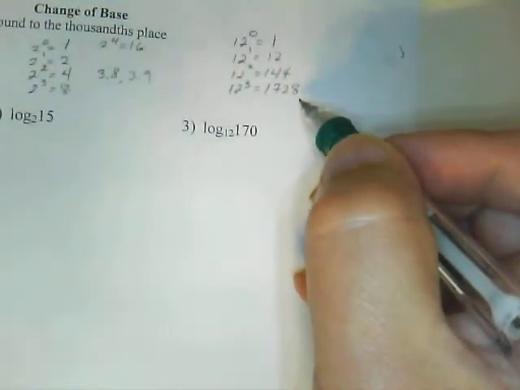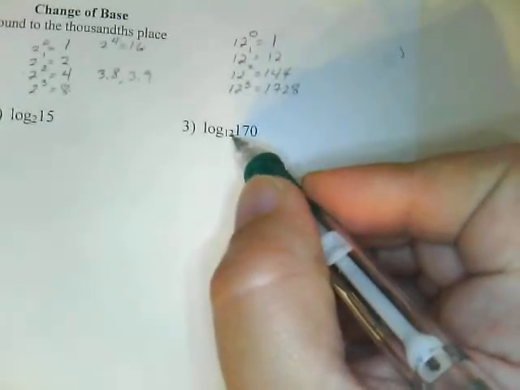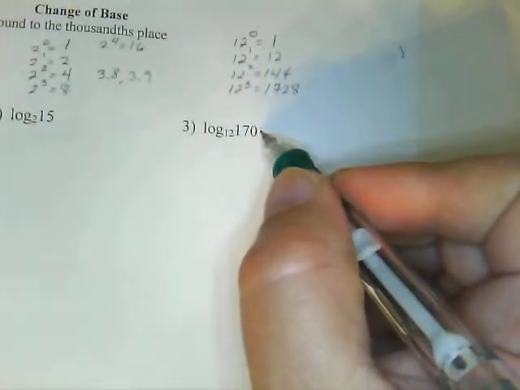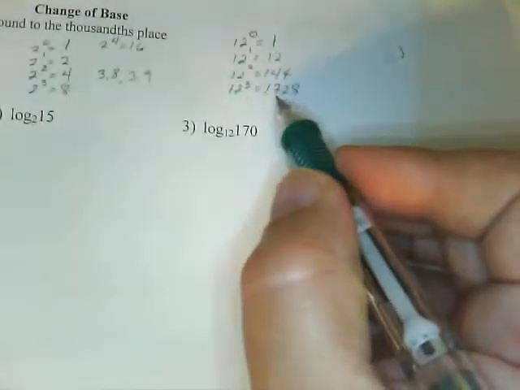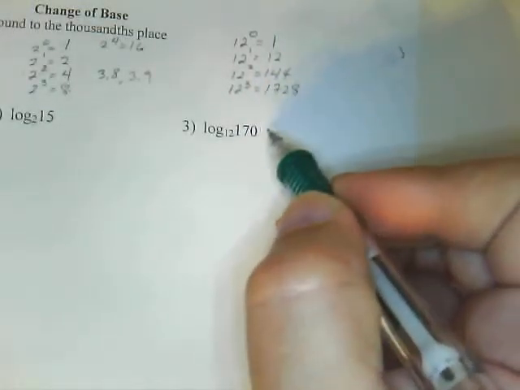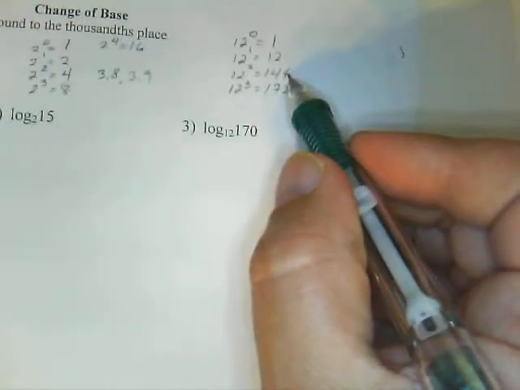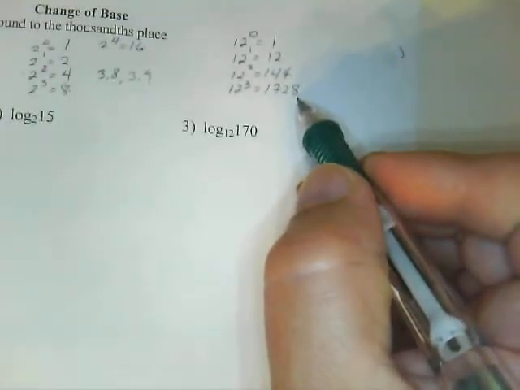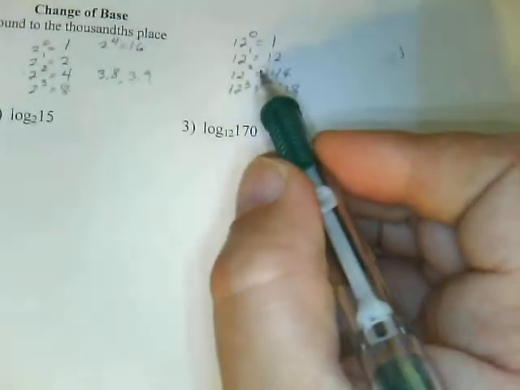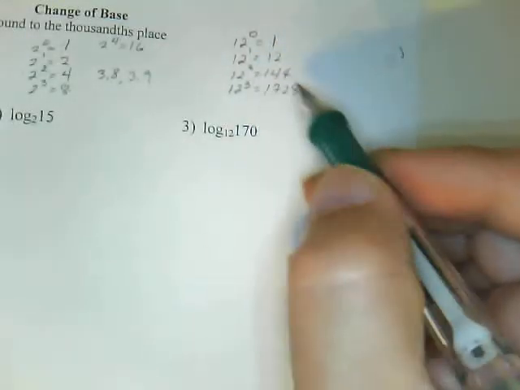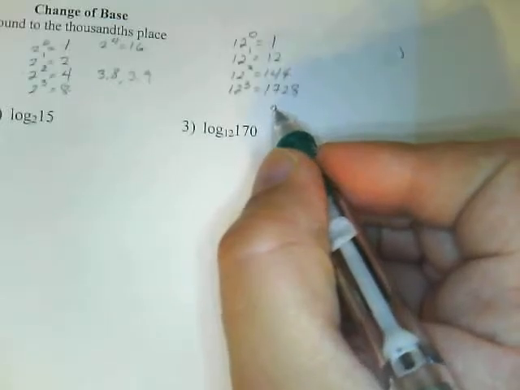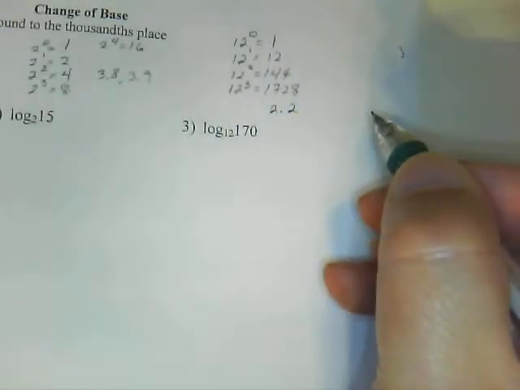So again, I'm looking for a number that 12 to something power will give me 170. I know 12 to the second gives me 144, and 12 to the third gives me 1,728. 170 is closer to 144 than it is to 1,728. So our answer has to be a number between 2 and 3. Probably closer to 2, so I'll estimate this as being 2.2.